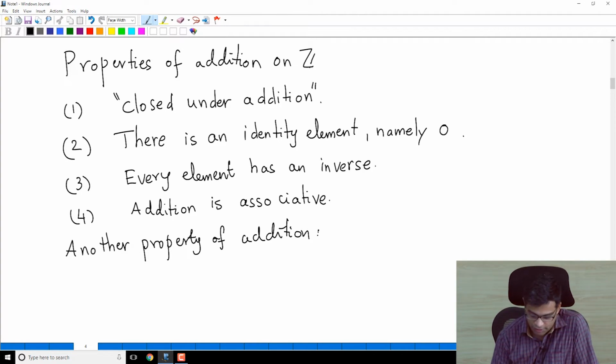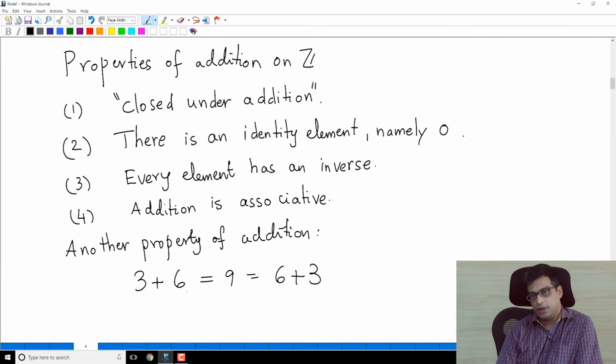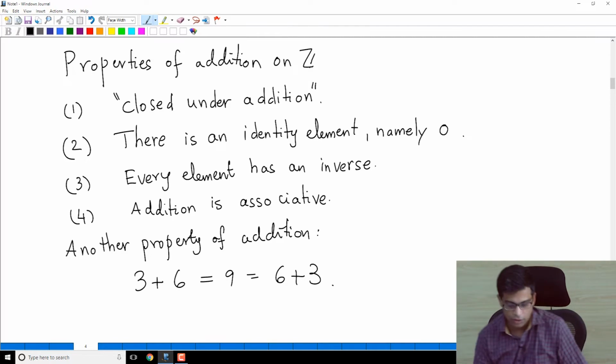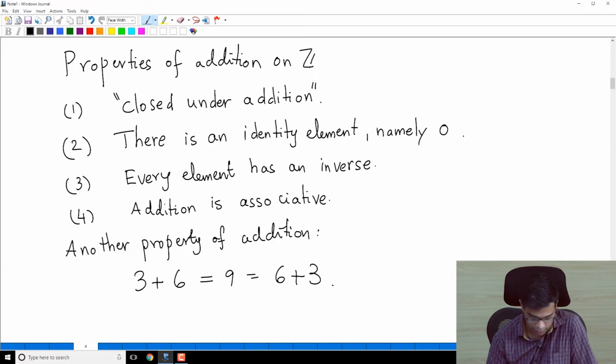Another property of addition is, for example, if I add 3 plus 6, I get 9, which is same as 6 plus 3. So, the order in which I perform the binary operation, first 3 then 6 or first 6 and then 3, I get the same answer. This is not such an important property as the first 4, but let us record this for the moment and then we will come back to it later.